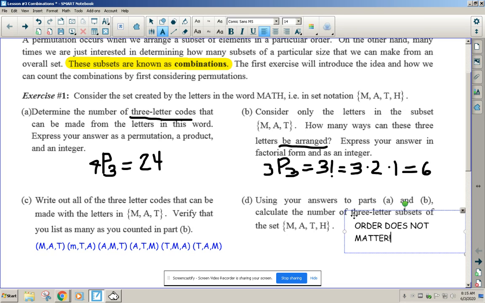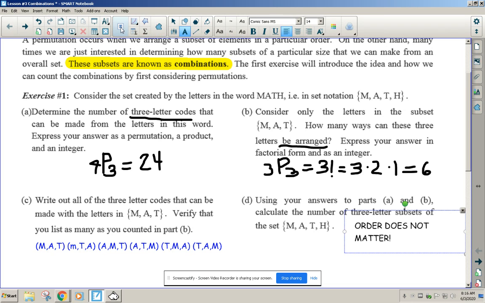See, they were using the word code here. And here, they use the word arrangement, order matters. Now they're just saying, hey, I want a subset. I want to dump these things into a pile. How many ways can I dump them in the pile? And that just basically means the order isn't going to matter. You're going to be using the same 4 letters. And so this then looks like this.